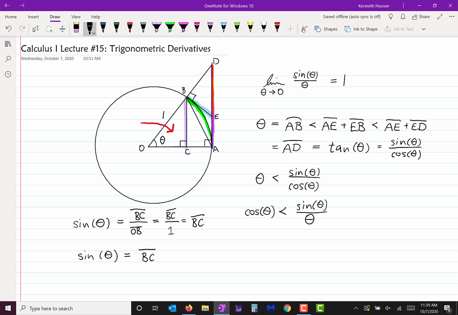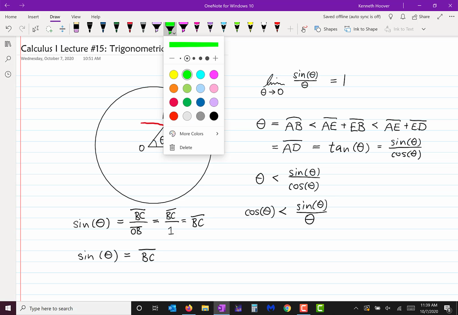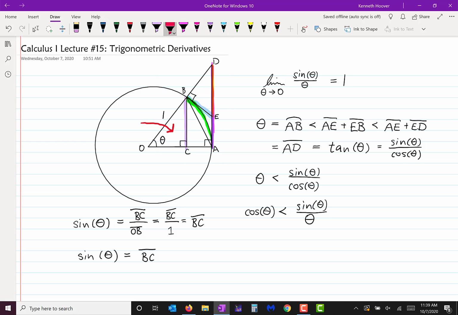Okay? Now look at the straight line segment from A to B. Let's make that sort of a reddish color here. And look at this triangle right here. That's a right triangle. And BC is a leg. And AB is the hypotenuse.